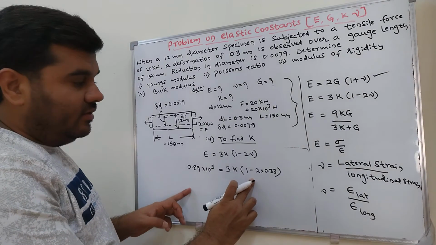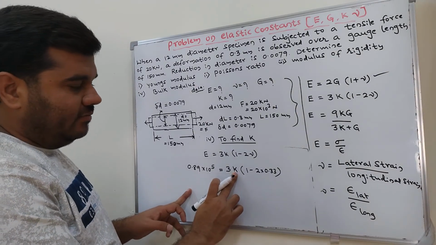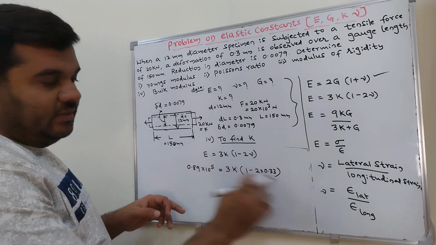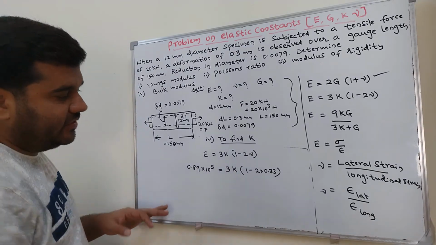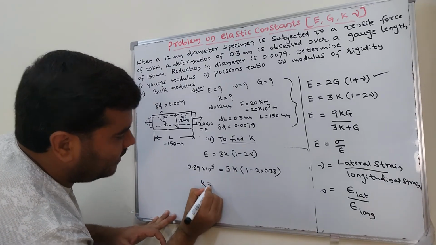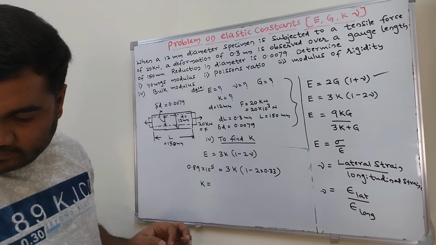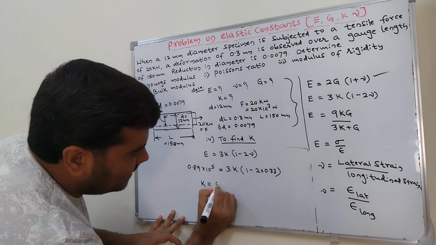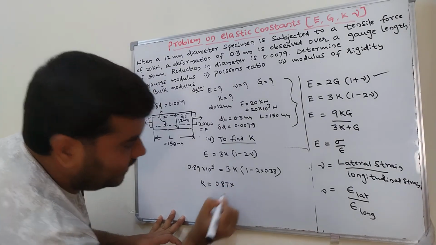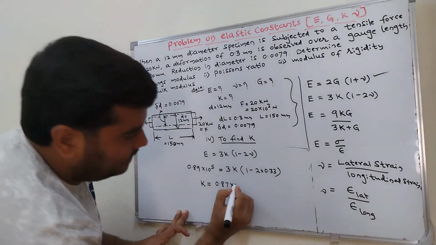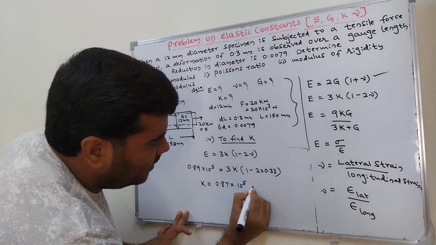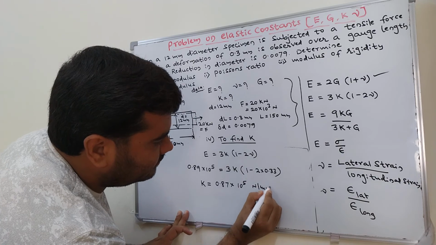So here only one is unknown, K, the bulk modulus. After simplification we will get K equal to 0.87 into 10 raised to 5 Newton per mm square.